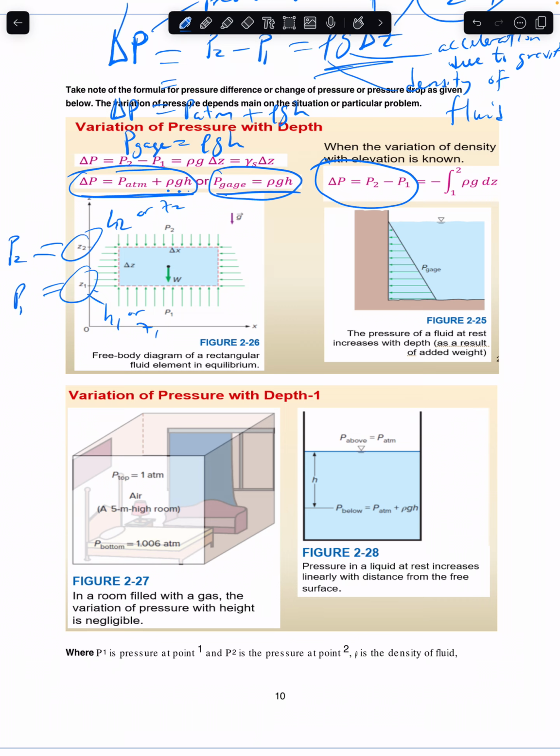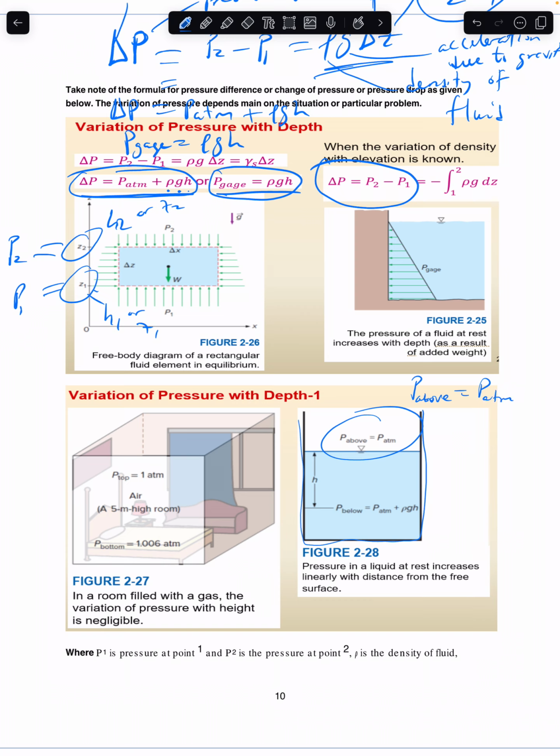Now let us look at pressure variation in a system whereby we have a container having water, which is open to atmosphere. So the pressure above water is still the pressure variation, and is equal to atmospheric pressure.